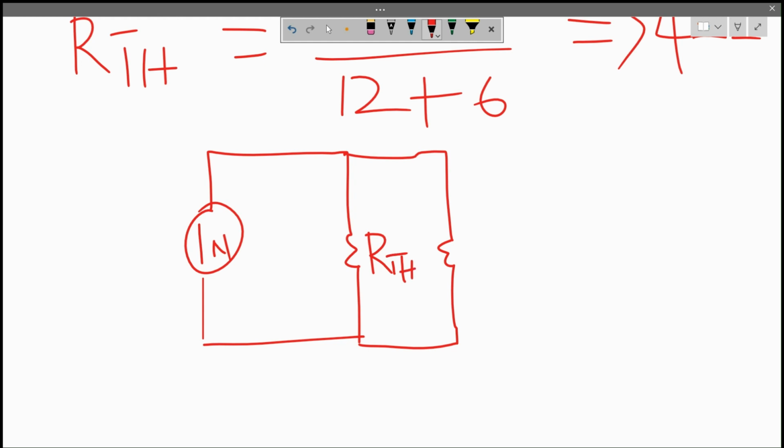The RTH is the same as RN, same thing. And we have our 3 ohms here, the resistor that we will find the current passing through.